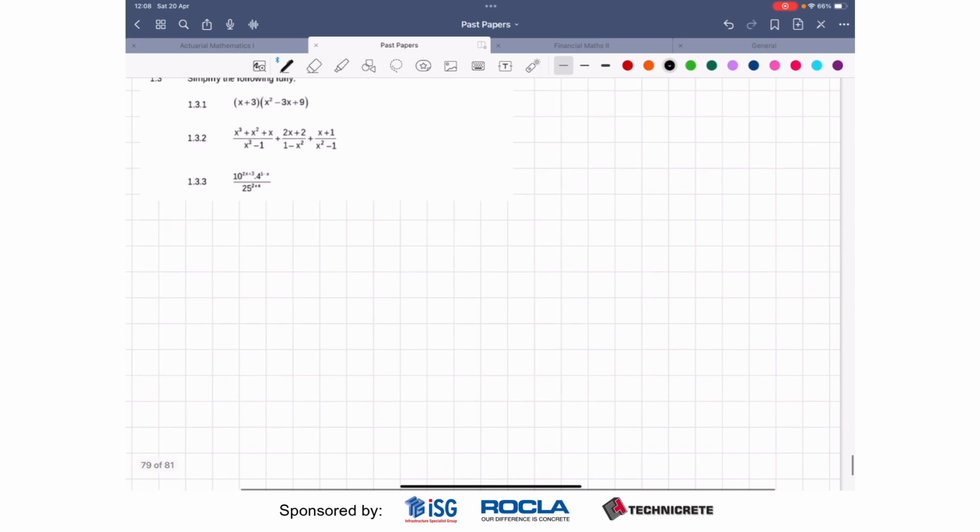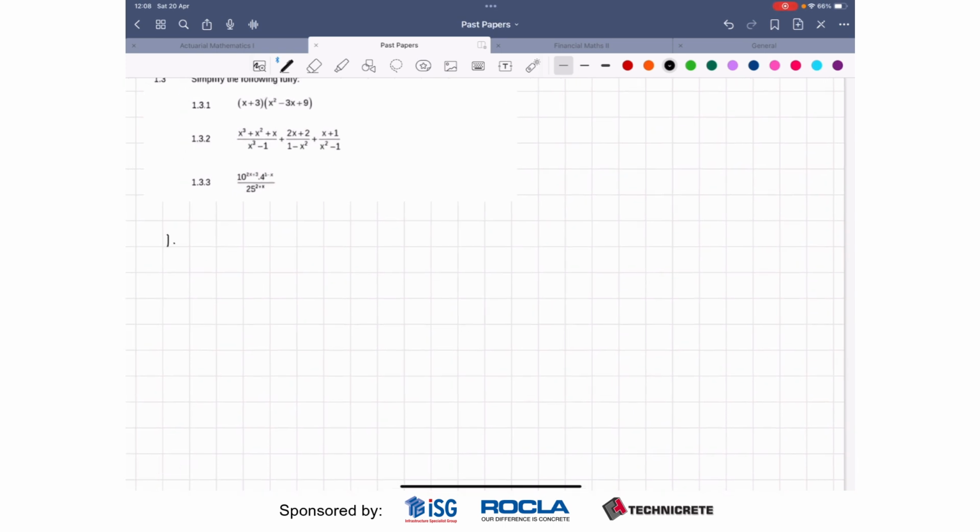Then for 1.3.2, I'm given these fractions.